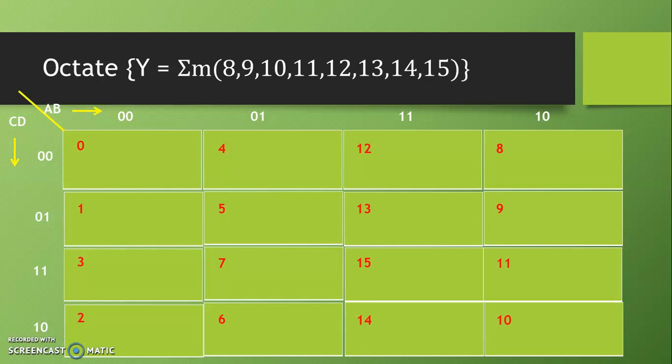Now we write ones as per the given minterms, that is 8, 9, 10, 11, 12, 13, 14 and 15. In all other cells we write 0.